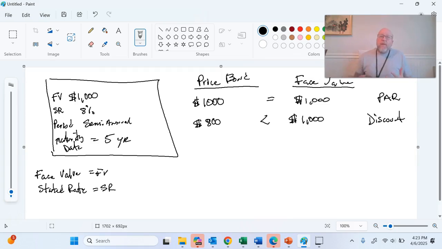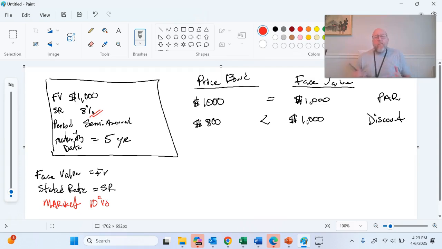And usually it's the case that we want to look at the market rate, okay? Not the stated rate. So the stated rate is 8% in our example, okay? And I could assume that the market rate, right? The market rate is 10%.